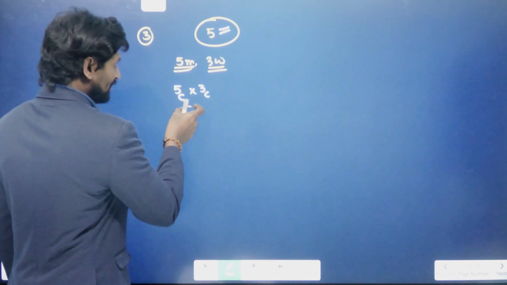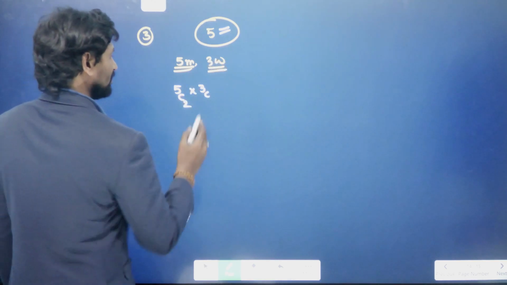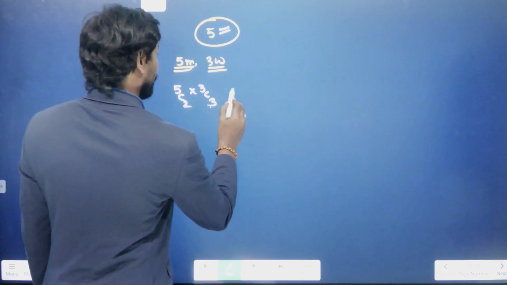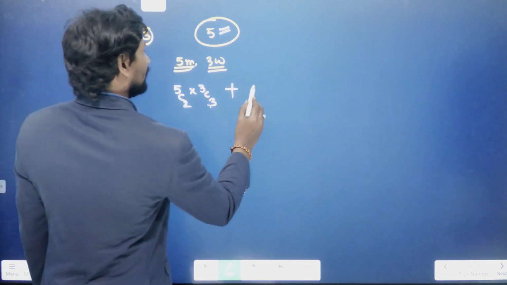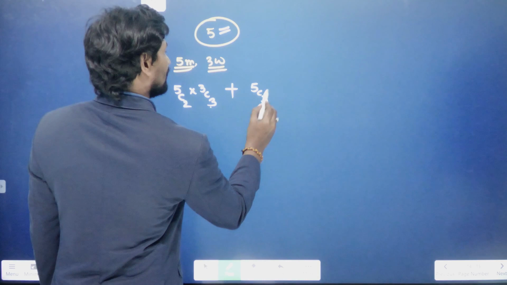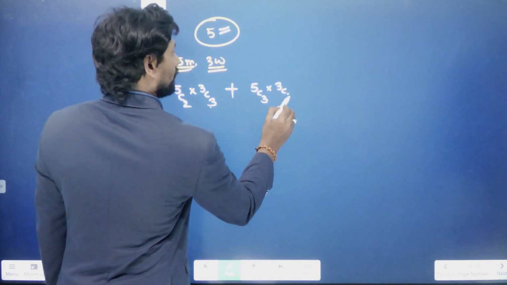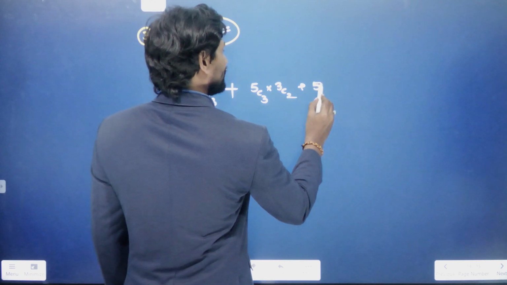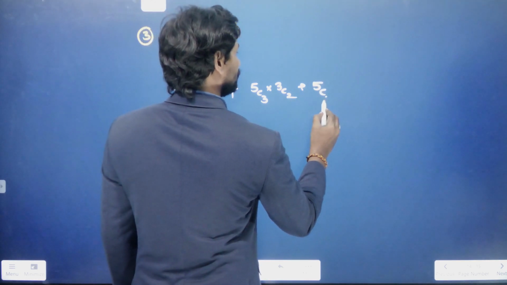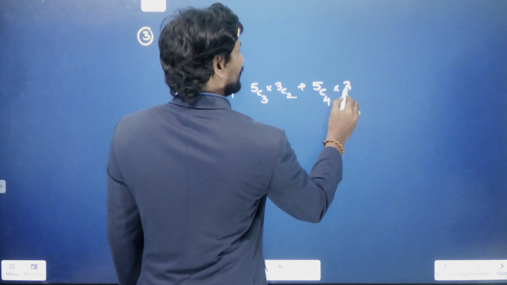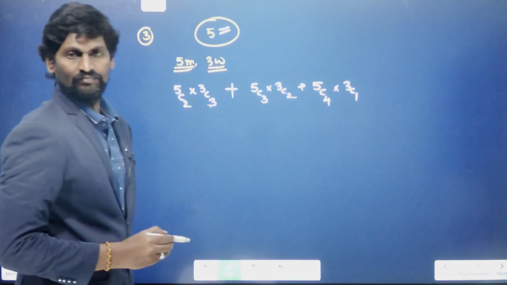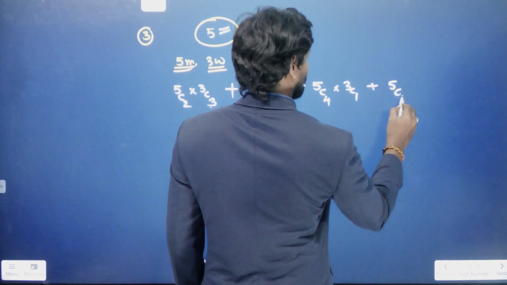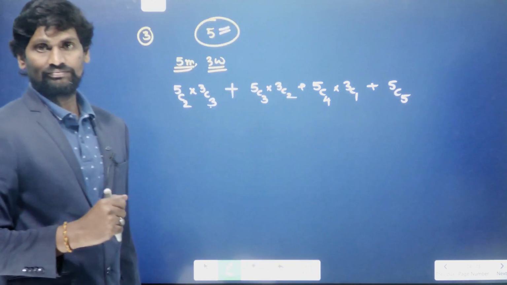Then 2 men, 3 women we can take. So 2 plus 3, 5 will be satisfied. Or 3 men, 2 women. Or 4 men, 1 woman. Am I right? Or one more chance also, all 5 men, and there is no woman here.